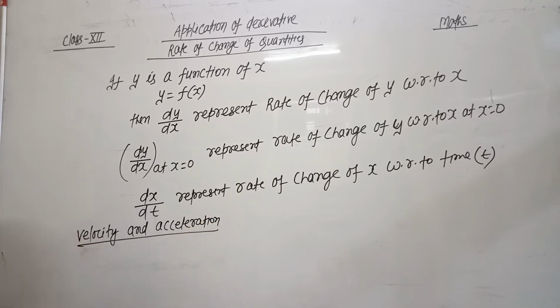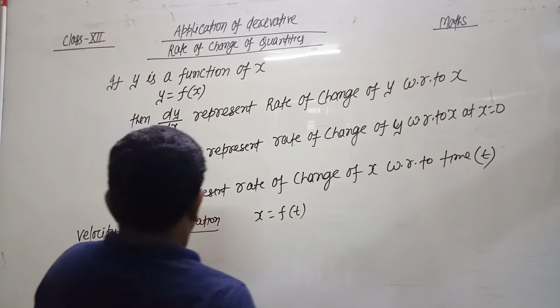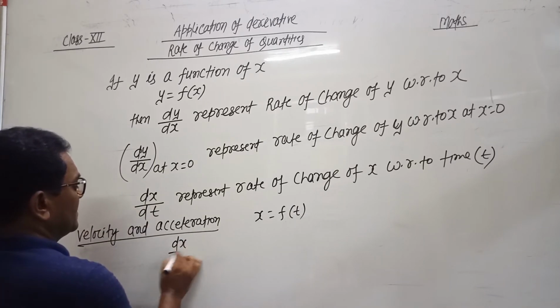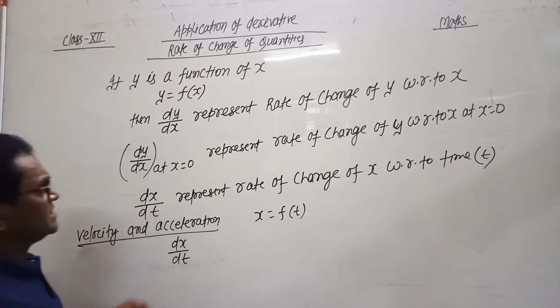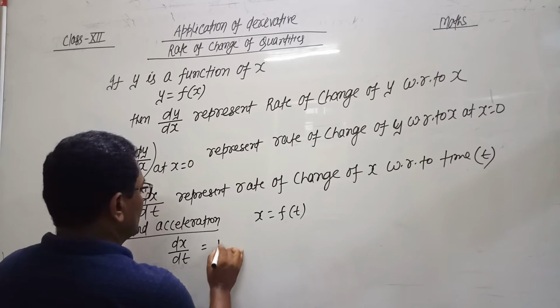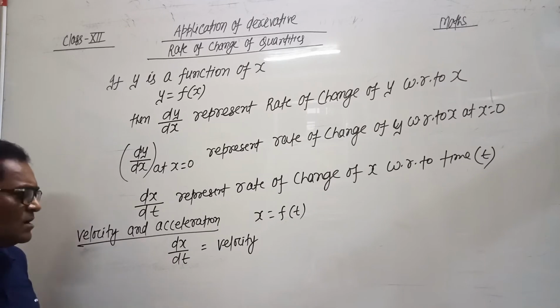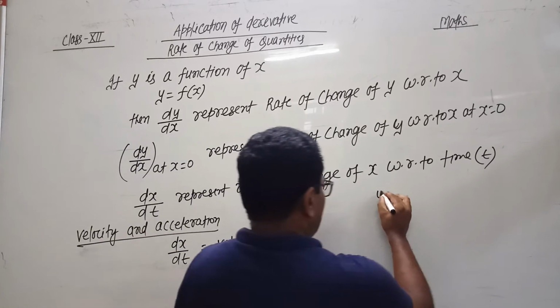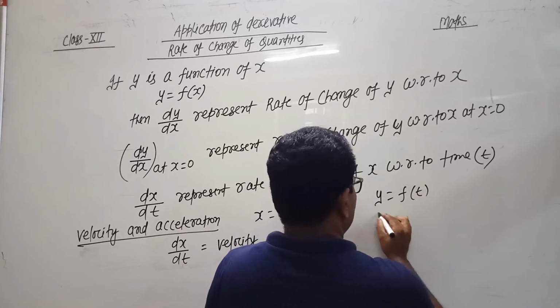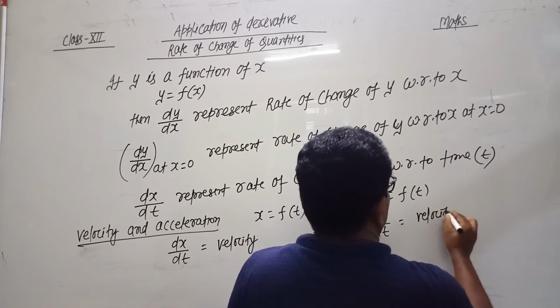So if there is a function of x and t, x equals to f(t), then dx by dt, rate of change of x with respect to t, gives the expression for velocity. If there is y equals to f(t), then dy by dt gives the expression for velocity.